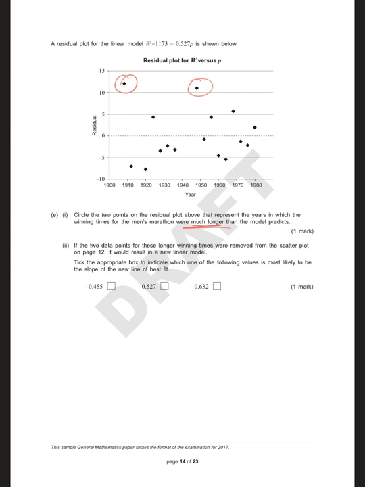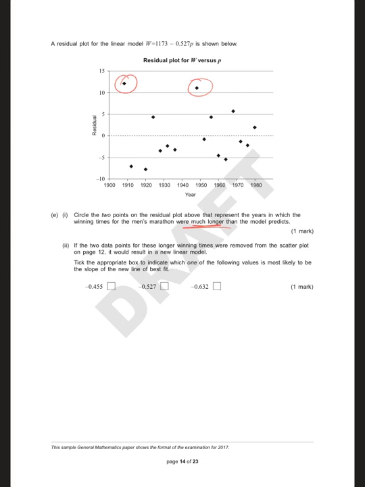If the two data points for these longer winning times were removed from the scatter plot on page 12, it will result in a new linear model. Tick the appropriate box to indicate which one of the following values is most likely to be the slope of the new line of best fit. It can't be negative 0.527 because it would definitely change it. Just double check that scatter plot, the top two ones.